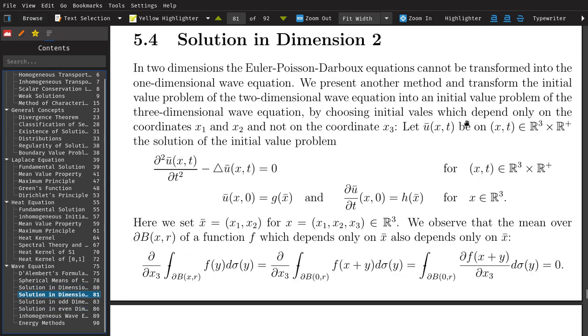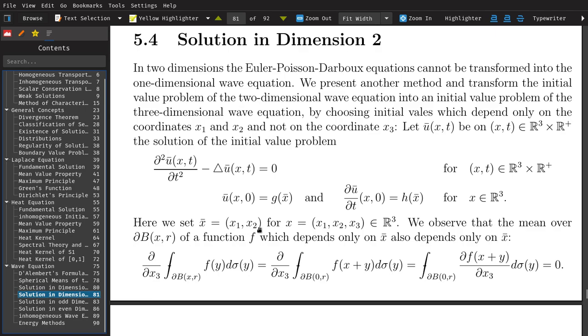The function u bar is a function in R3 that is just u, and you ignore the third coordinate. Basically, that's what x bar is saying. Ignore the third coordinate.